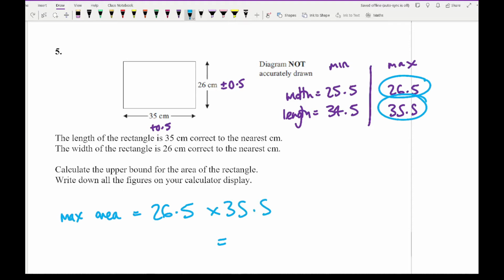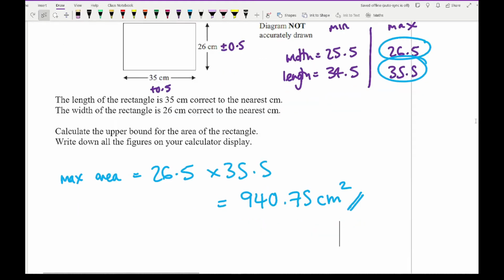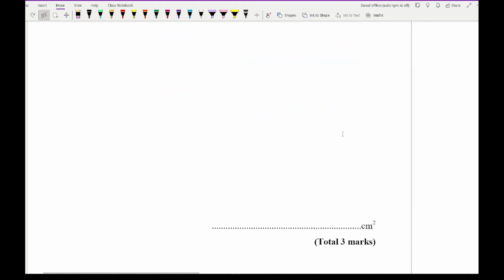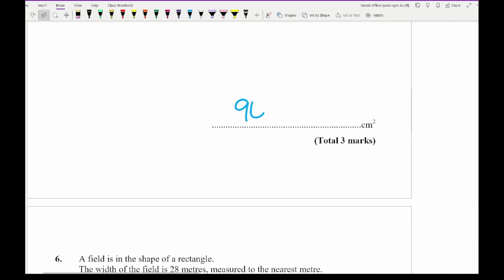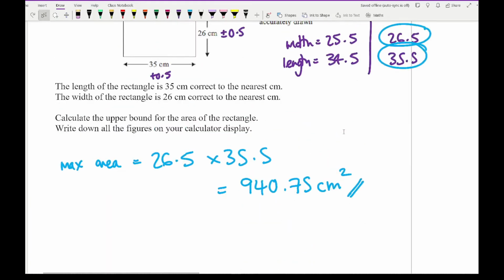So 26.5 times 35.5, and that gives me an answer of 940.75, and it's going to be centimetre squared, not cubed. Done. And that question was worth 3 marks. So obviously I'll write the answer here, 940.75. I'm not going to get any marks for the unit.